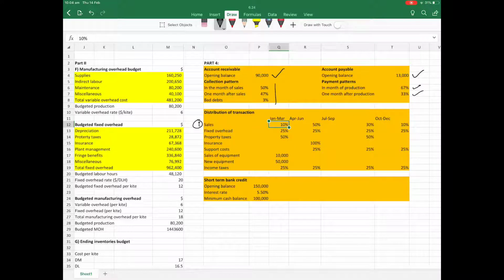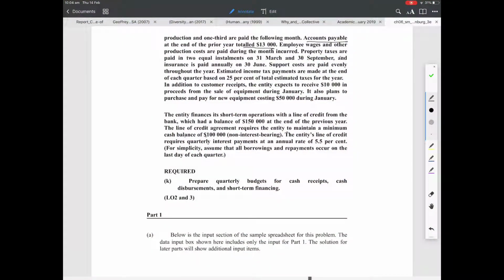There are other operating expenses that we have to think about here. The employee wages and other production costs are paid during the month incurred. For instance, direct labor cost, we only pay when we produce things. So we need to know how much we produce each month, and based on that we know how much we pay for the employees. Other variable costs, not the fixed cost, are also paid in the month that is incurred.